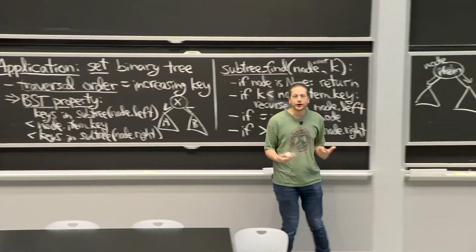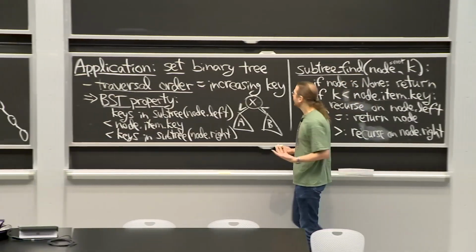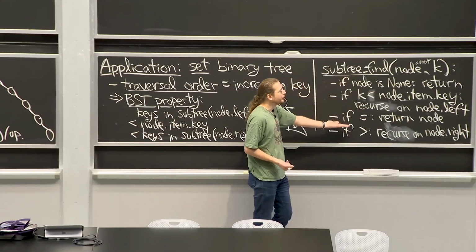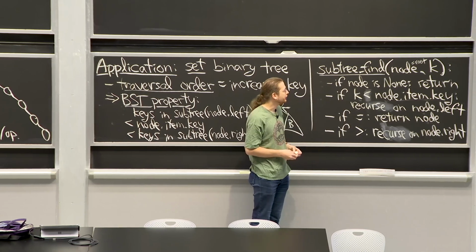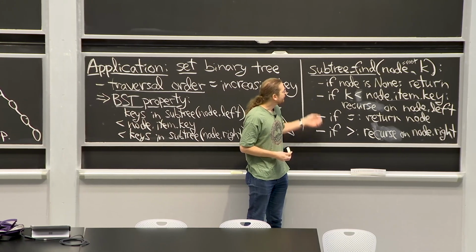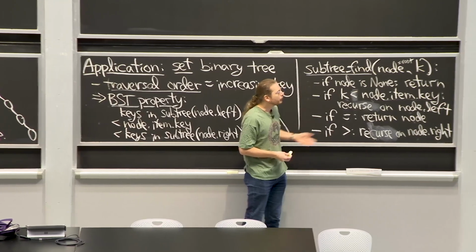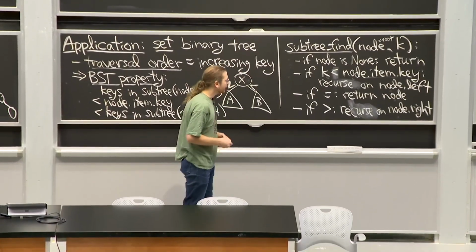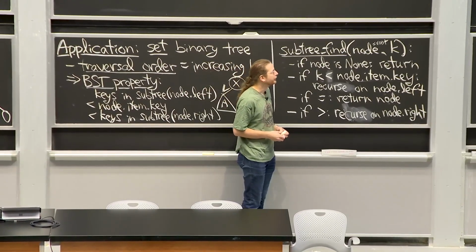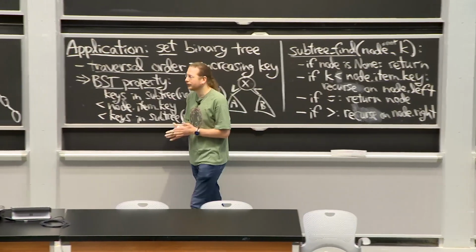If you want to insert an item, where does it belong? Well, you do this search to find where it would belong if it was there. If it's there, you can overwrite the value stored with that key. If it's not, this search will fall off the tree at some point, and that's where you insert a new node in your tree. Okay, that was covered in recitation, so I don't want to dwell on it.